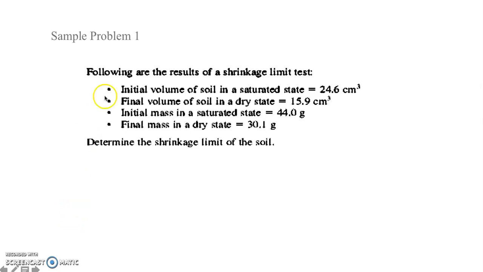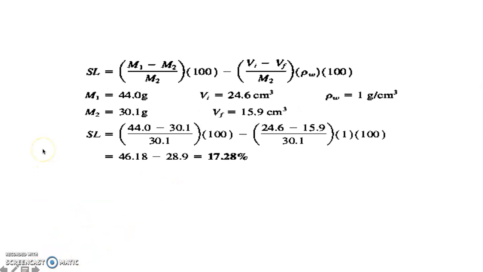We are given the initial and final volume and mass of the soil sample, so we just have to obtain the shrinkage limit. You simply identify the values for M1, M2, V_i, V_f, and the density of water. Since we are in grams and cubic centimeters, that would be 1 gram per cubic centimeter. Once you substitute those values into the shrinkage limit equation, you obtain 17.28%.